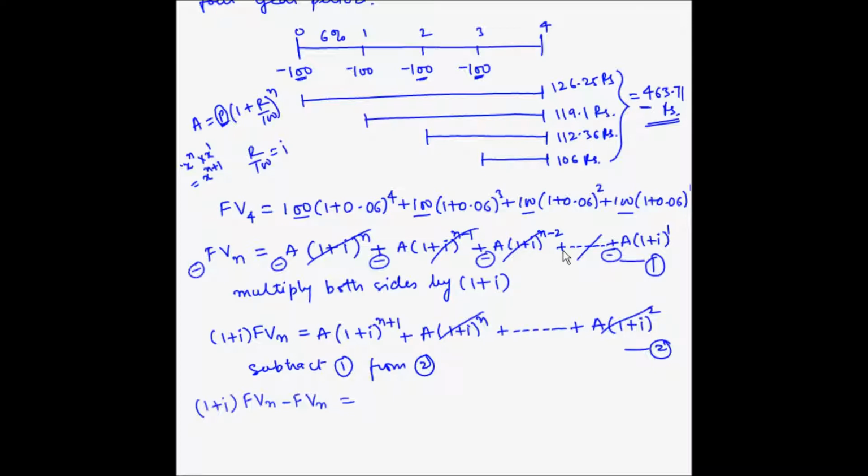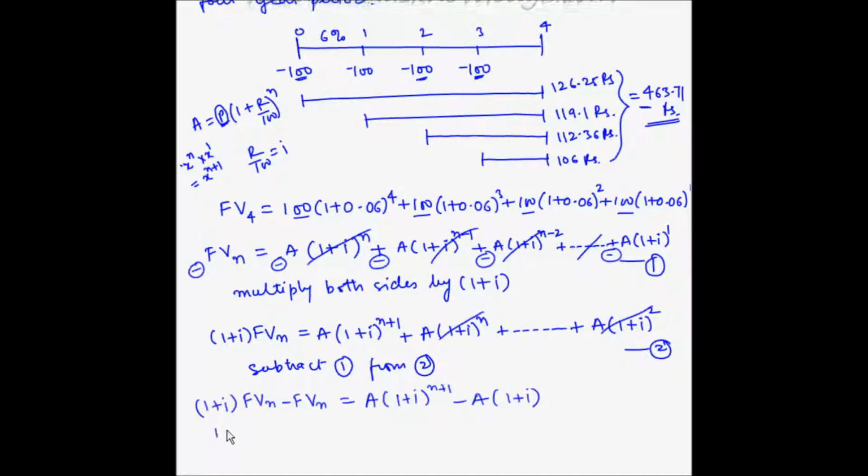So after cancelling all these, what we are left with is A into 1 plus I to the power n plus 1 minus A into 1 plus I to the power 1, which is the same as A into 1 plus I. Now let's open the bracket.